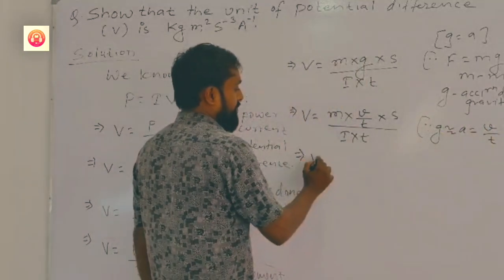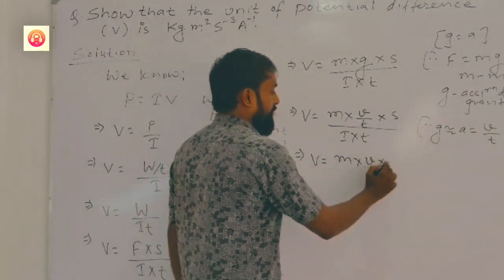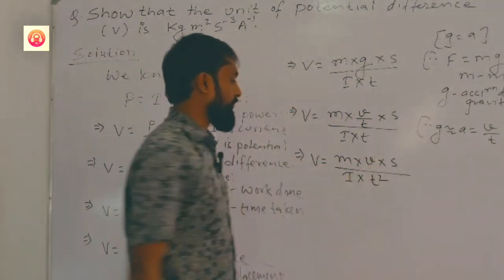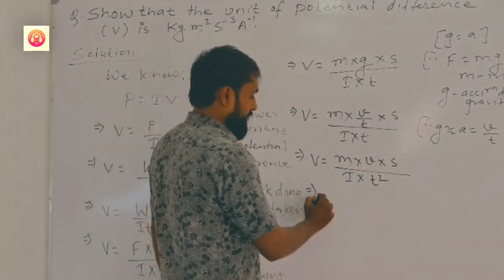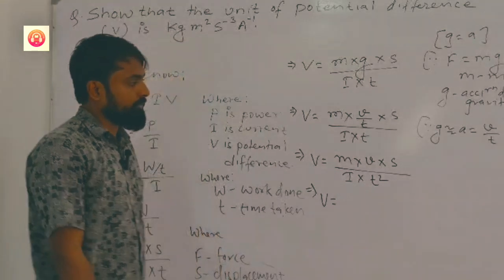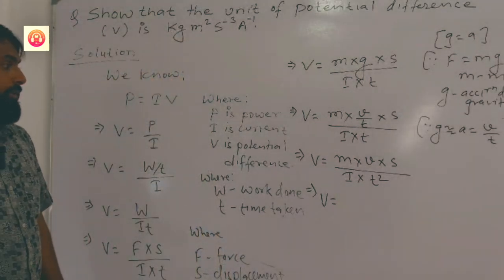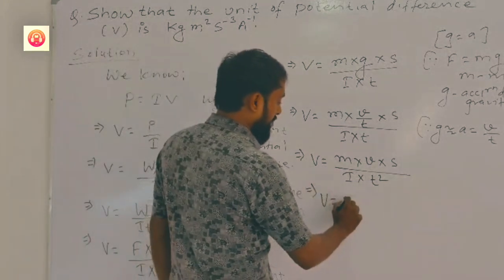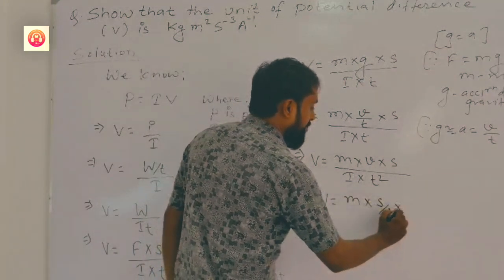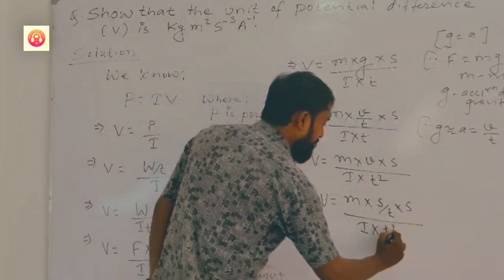Again, we can write V equals, velocity is a derived quantity, so you can convert the velocity to displacement by time. So you can write mass into displacement by time into displacement by current into time square.